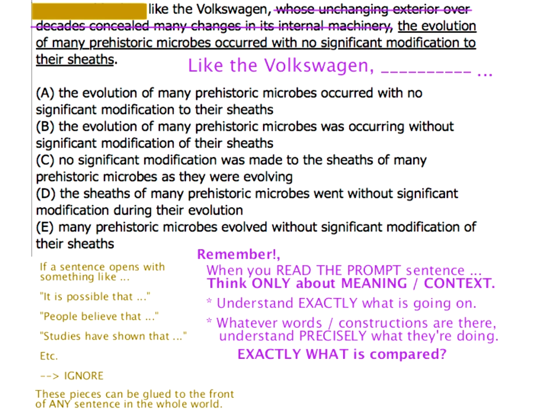Well, the deal is that they're comparing the car to the microbes, and the sheath, the unchanging exterior of the car, is what compares to the sheath of the microbe.